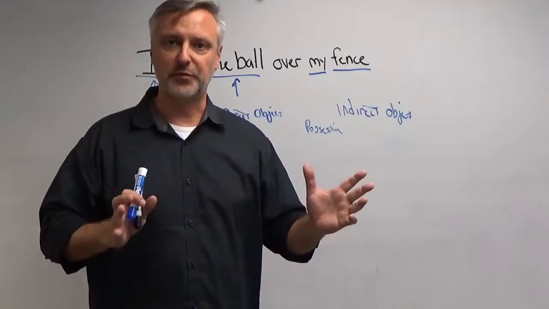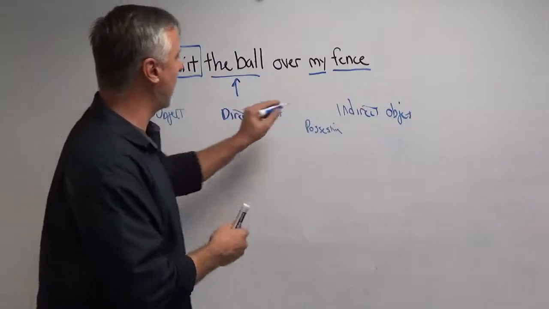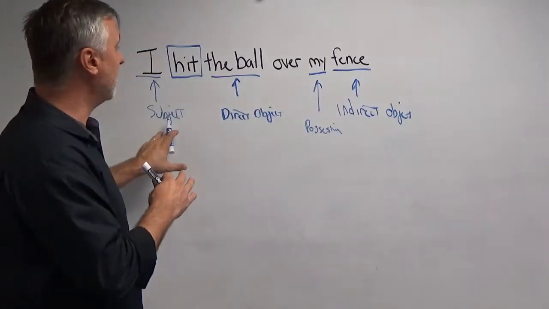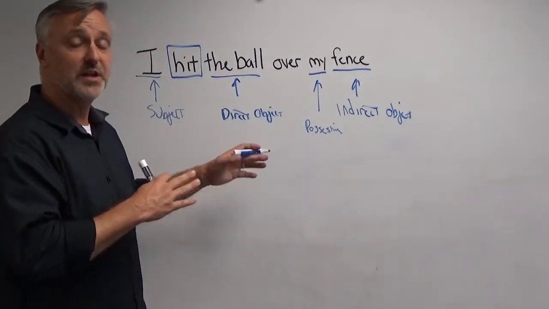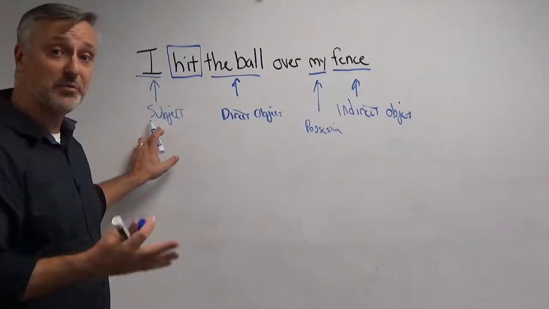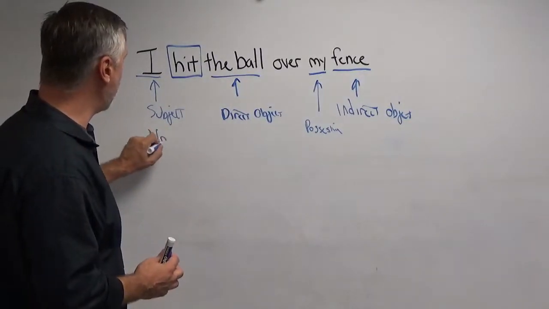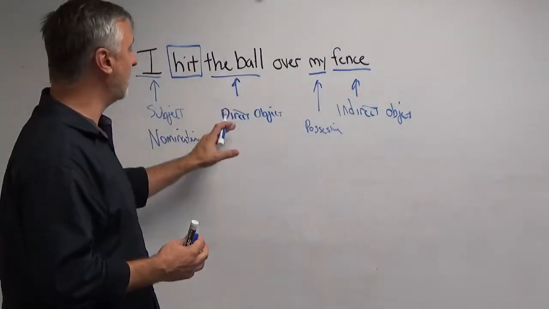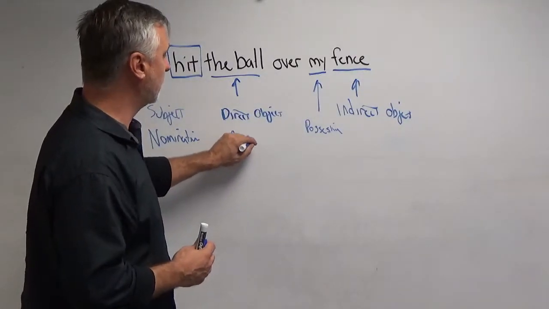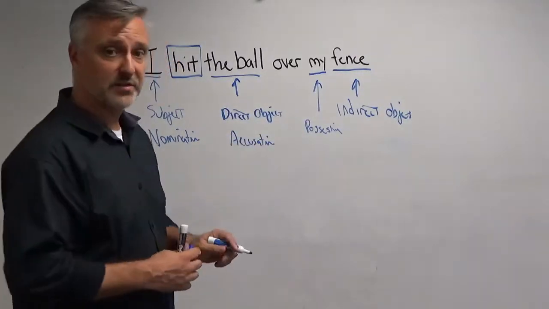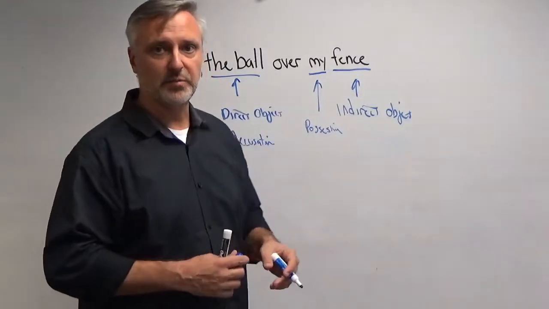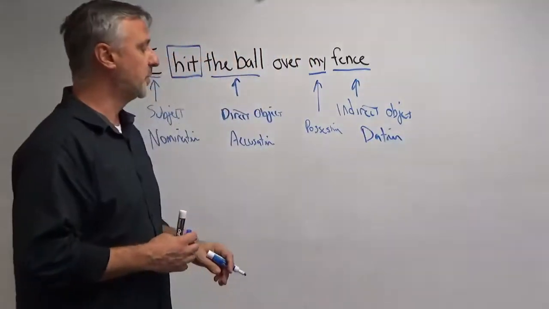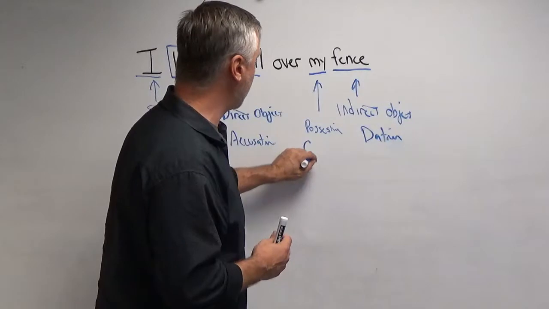Greek's a little different. Greek will assign what we call cases to these grammatical functions in the sentence. Whatever is the subject of a sentence will be in what we call the nominative case. Whatever is the direct object will be in the accusative case. Whatever is the indirect object will be in the dative case. And whatever is a possessive, we will put in the genitive case.